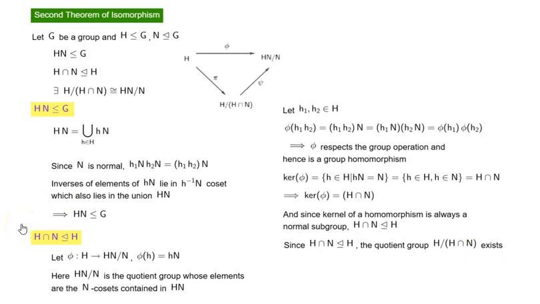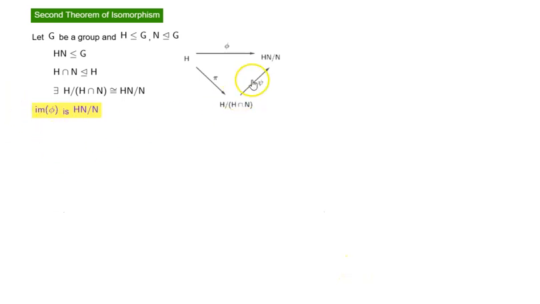So we can show it as a canonical projection pi, which maps H to the quotient group H by H intersection N. We show that image of phi is HN by N quotient group. So an element of the quotient group HN by N is an N coset of some element x in HN. That is, we can write it as xN.